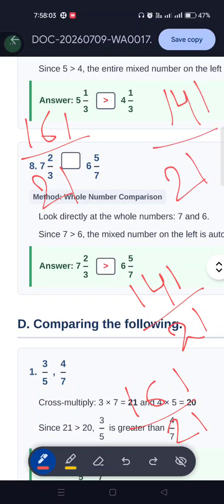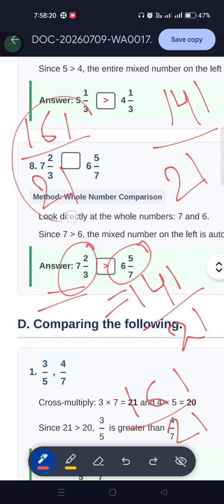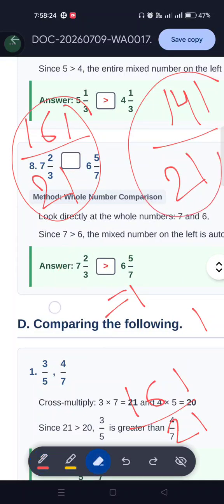You got these two fractions by multiplying the first fraction by 7 and the second fraction by 3. Then you will get these two improper fractions. Now you compare them.